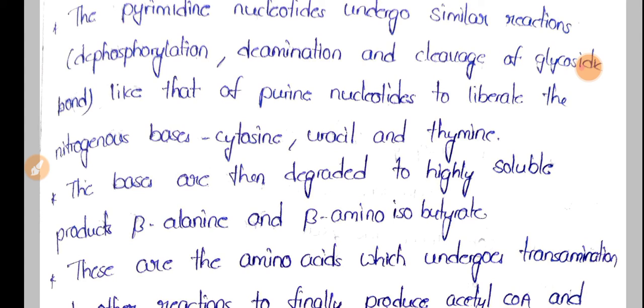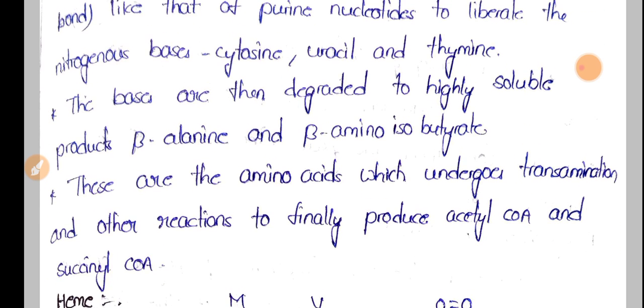These are the amino acids which undergo transamination and other reactions to finally produce acetyl-CoA and succinyl-CoA, which are the intermediate products of the Krebs cycle.